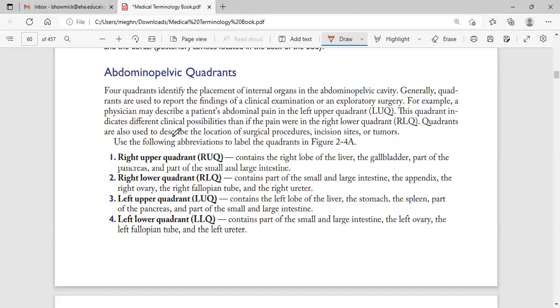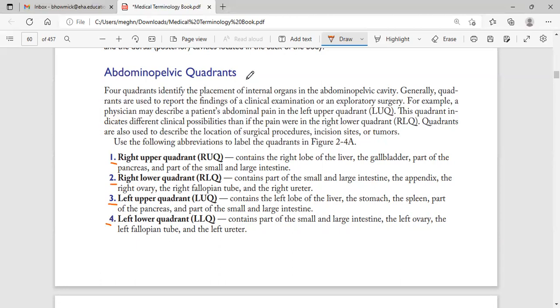Quadrants are also used to describe the location of a surgical procedure, incision site, and tumor. So use the following abbreviations to label the quadrants in figure 2.4a: right upper quadrant, right lower quadrant, left upper quadrant, and left lower quadrant.